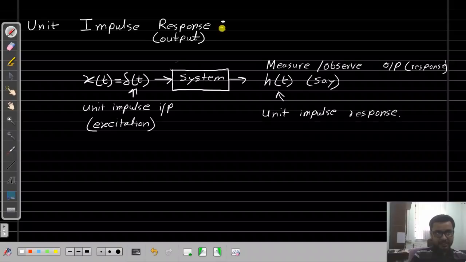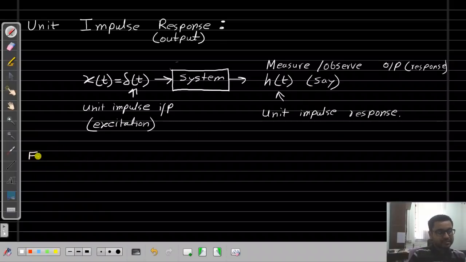That's as simple as that. But now a very important fact. Given an LTI system, if you know how the unit impulse response looks like, then from that you can calculate the output for any arbitrary input.